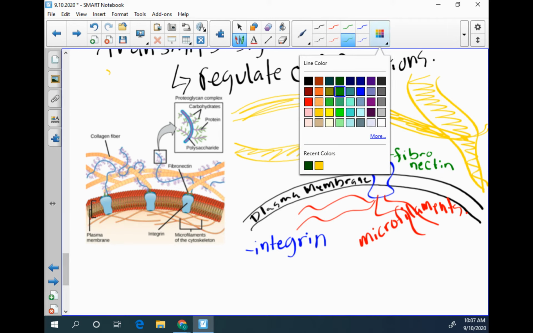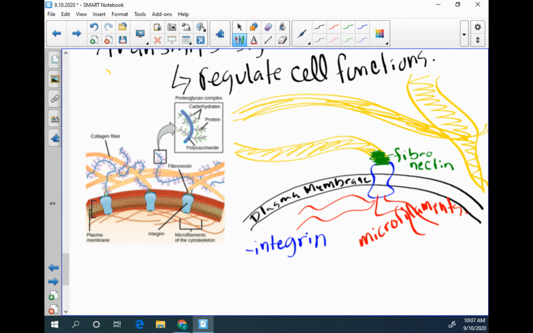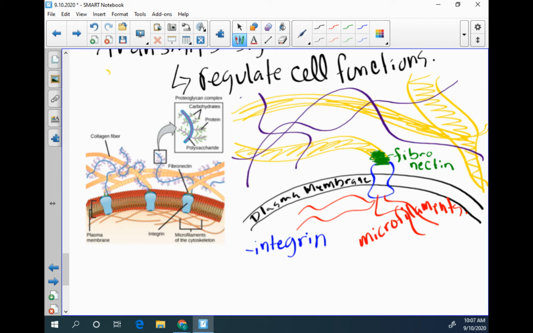And then all throughout here, we have a bunch of proteoglycan complexes, just other little fibers that help send signals and keep everything stuck together.